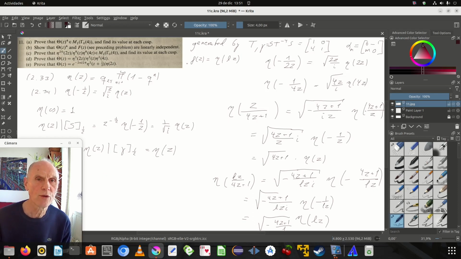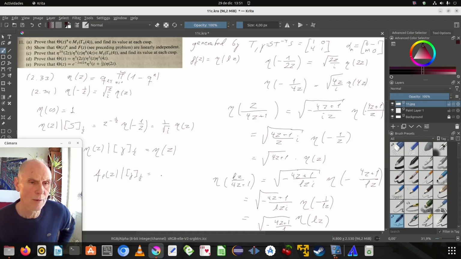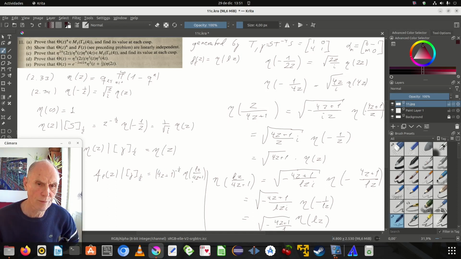So now we can use the functional equation of z here and operate with gamma of order 1/2. And then the 4z plus 1 cancel.